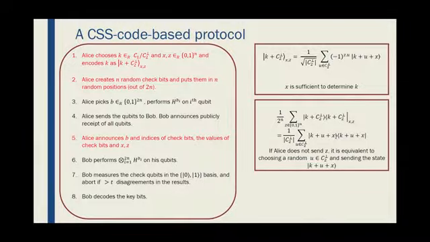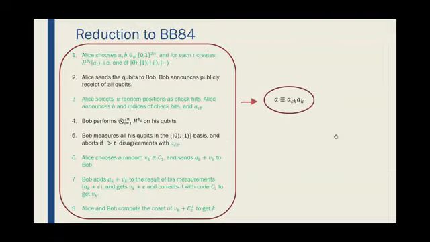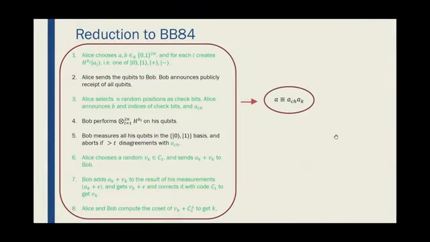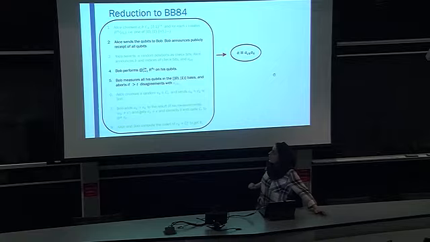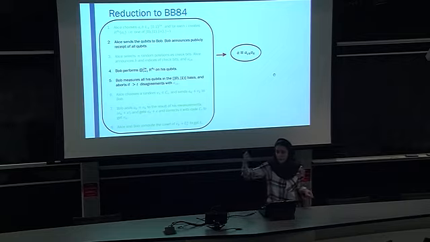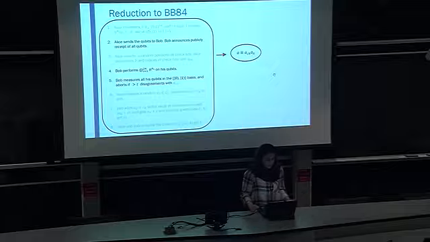And so this protocol can be reduced more to the BB84 protocol, where Alice just randomly chooses some 2n-bit string A, and also a 2n-bit string B, and she prepares H to the power B applied to ket A, which is basically choosing one of the 4 states, ket 0, ket 1, ket plus, and ket minus at random.